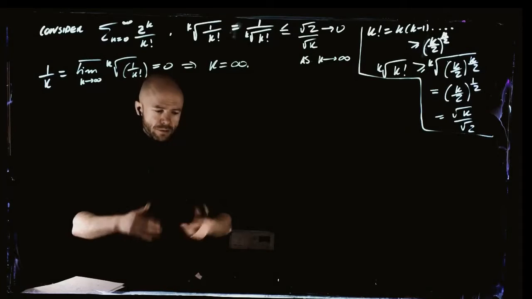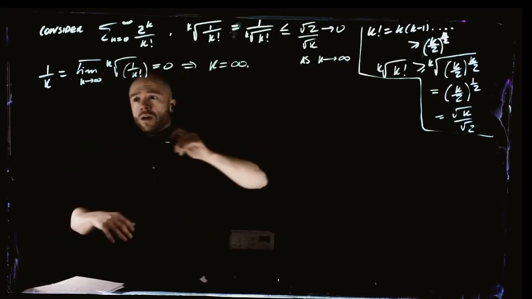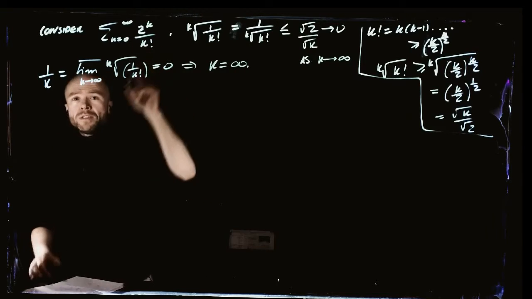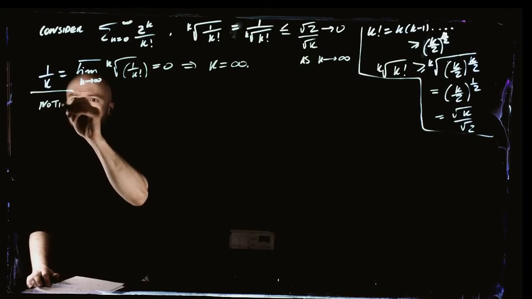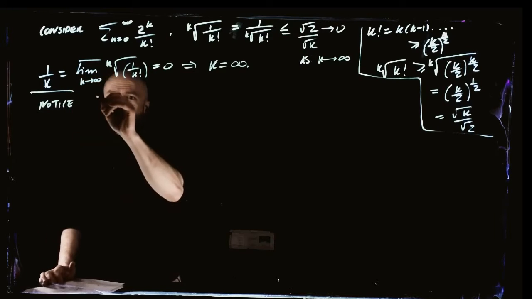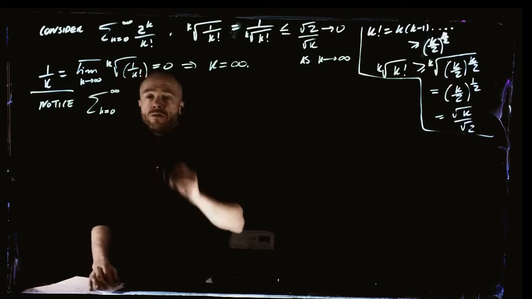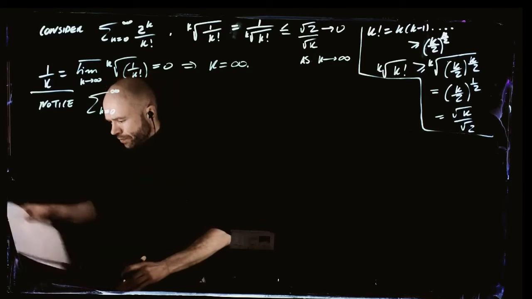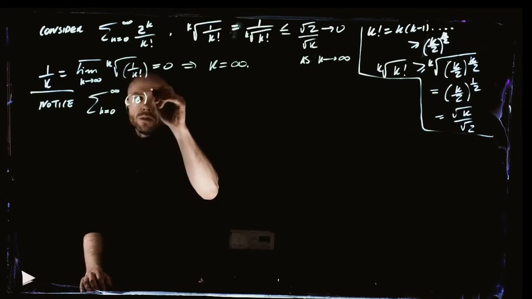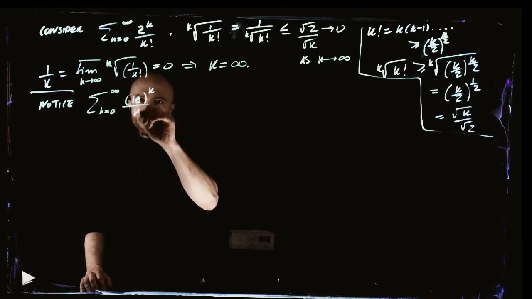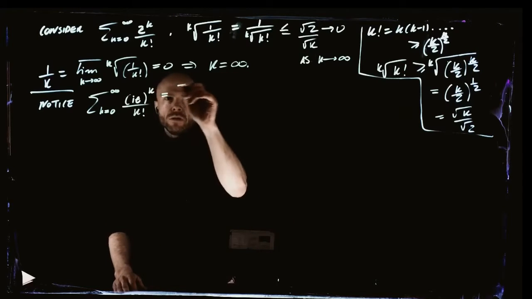We are going to see what happens if we stick in just i times theta into this. So notice that if we put in the sum k equals 0 to infinity of (i theta)^k over k factorial, we can break this into the sum over the odd and the even.